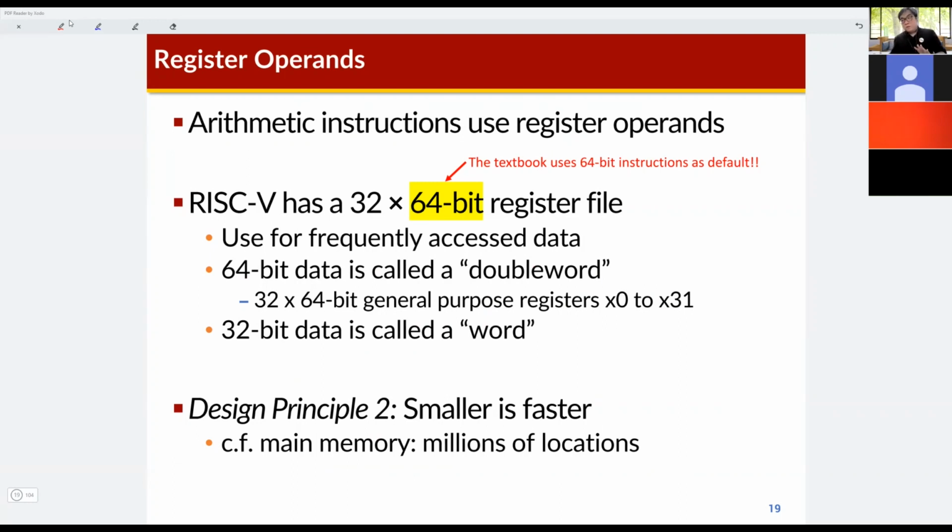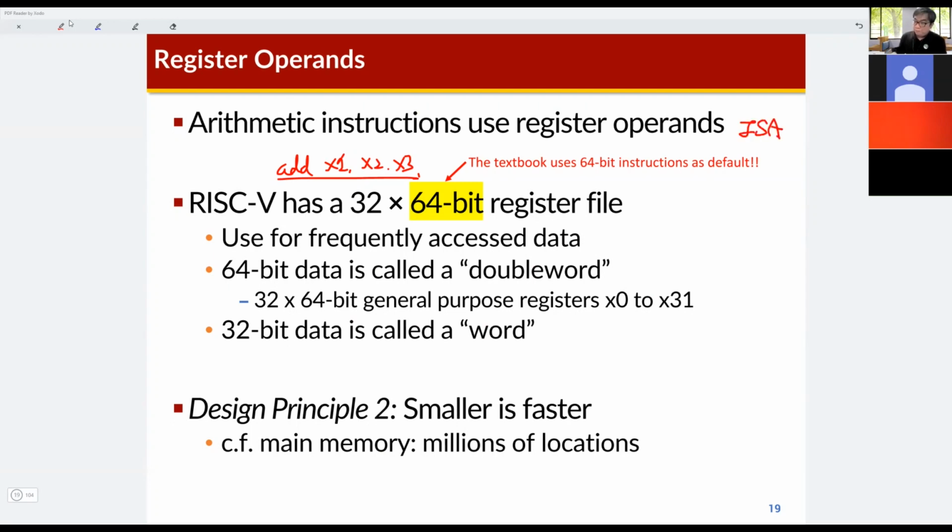A register operand means the data stored in the register file. The arithmetic instructions use register operands, such as add x1, x2, x3. And the number of registers is defined in the ISA.